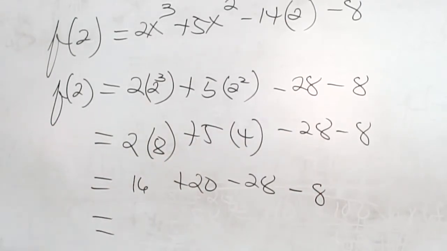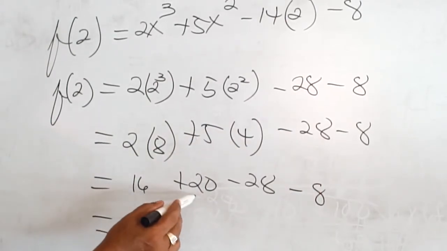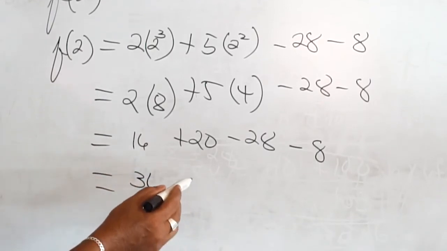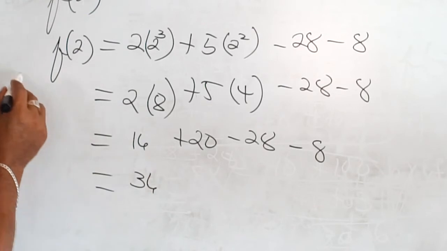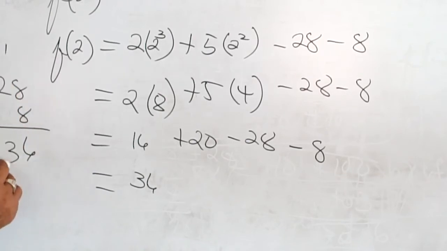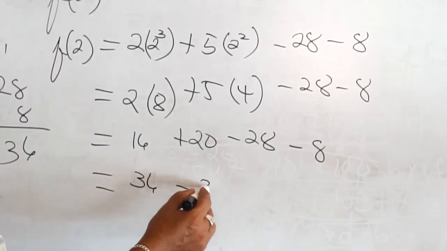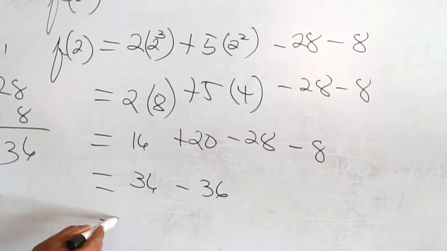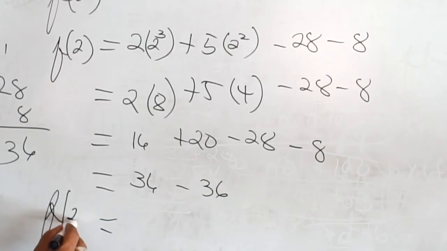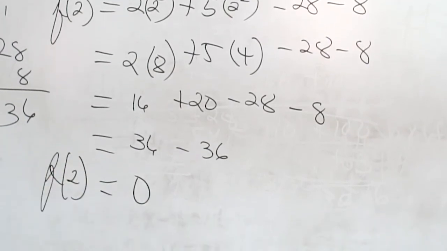Okay, then combine. So we have 16 plus 20, that is 36. Then we have 28 plus 8, so we have 36, that is negative 36. So, combine positive 36 minus 36. So, f of 2 is equal to 0.